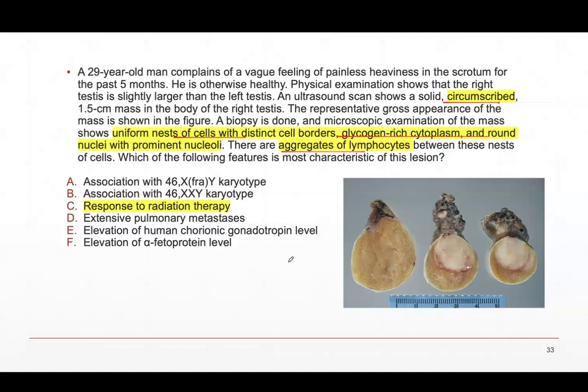Let me ask you this then. What causes elevation of HCG? Which of the tumors? And the HCG is found in pregnant ladies usually. Yes, so choriocarcinoma, not embryonal, choriocarcinoma.